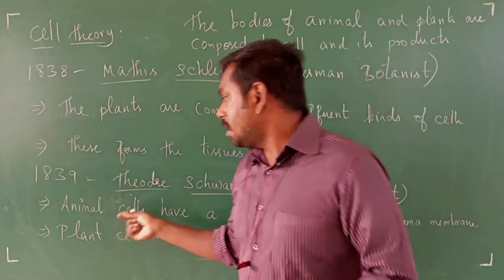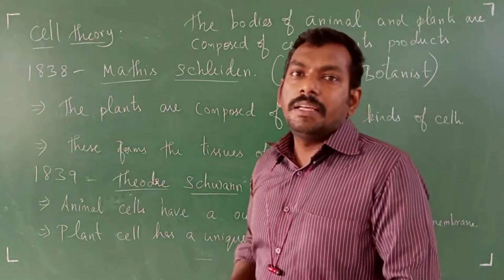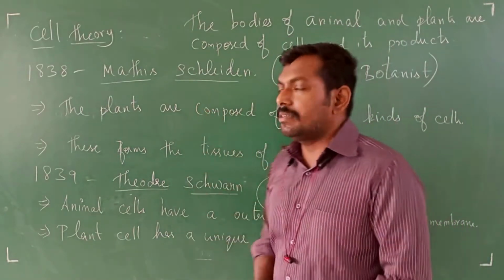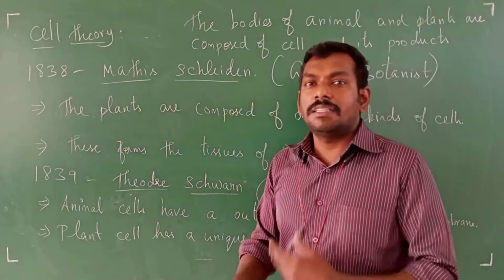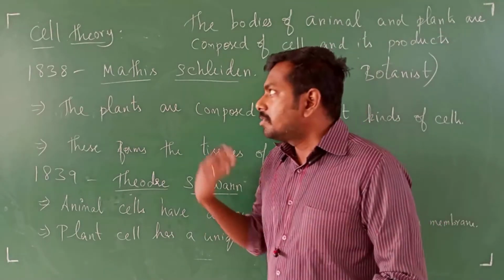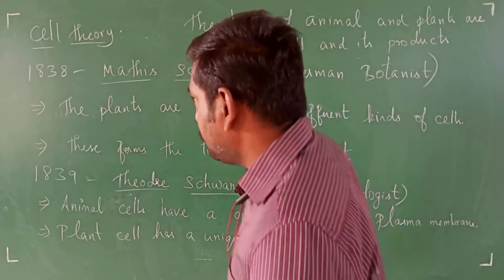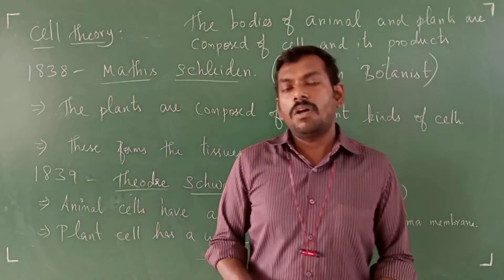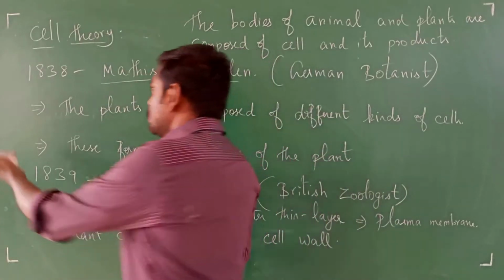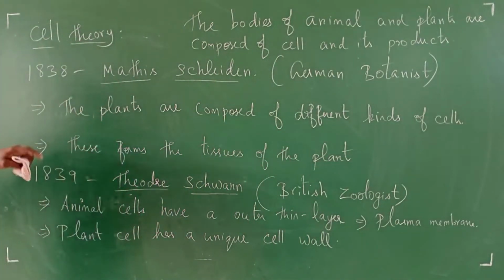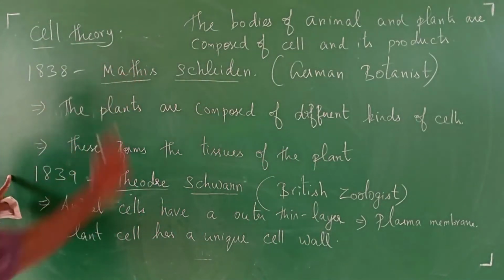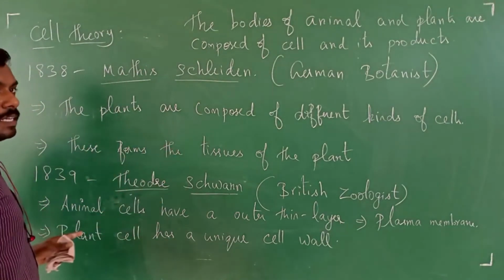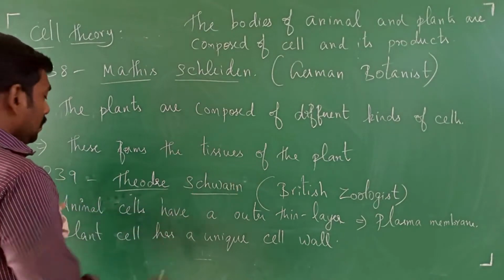But they did not tell how new cells arise, or about cell division, how cells divide. Matthias Schleiden said the plants are composed of different kinds of cells, which form the tissues of the plant.